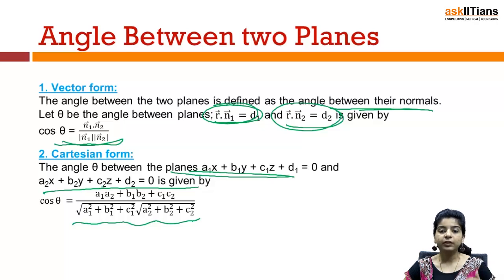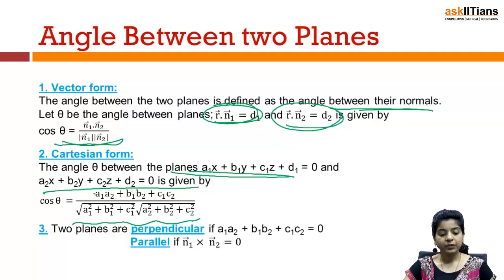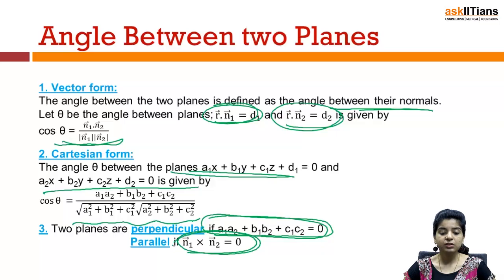We will solve certain examples based on this also, and you will be able to understand it then. Okay, the two planes are perpendicular if a1a2 plus b1b2 plus c1c2 is 0 and parallel if n1 cross n2 is 0. Now just remember these conditions also, this is also important.